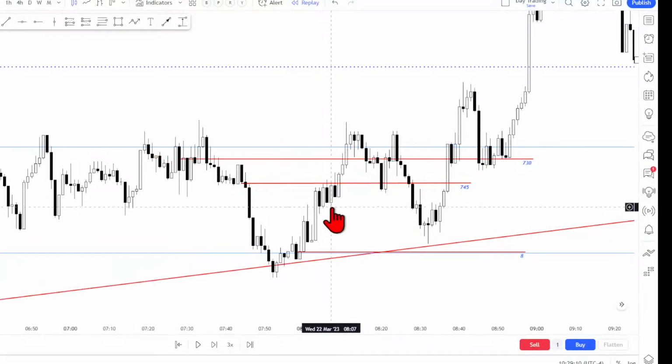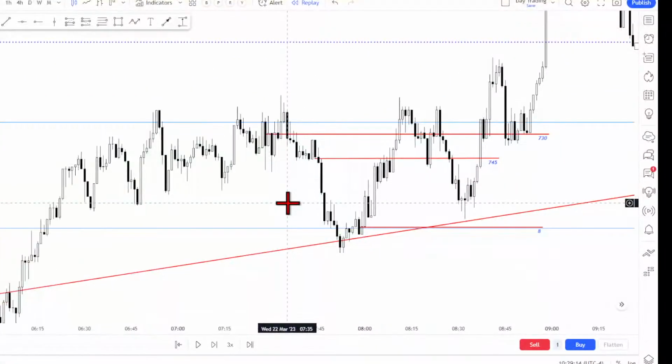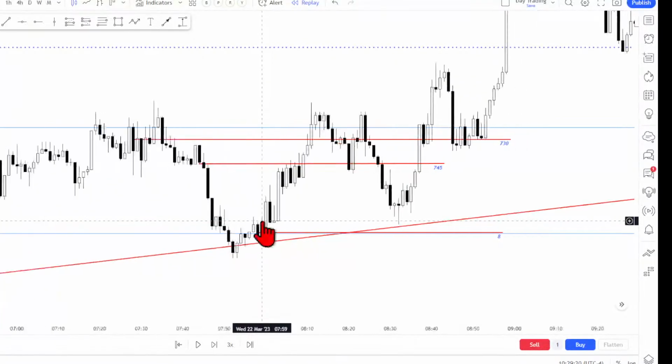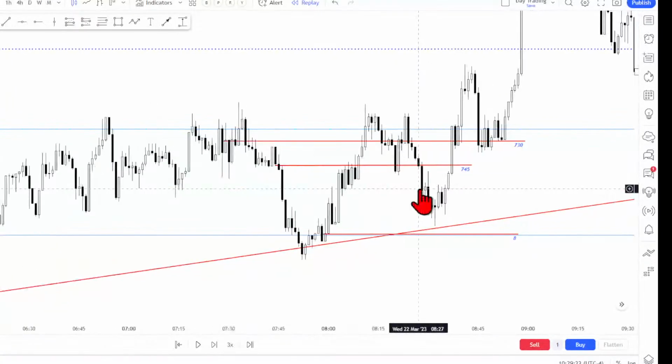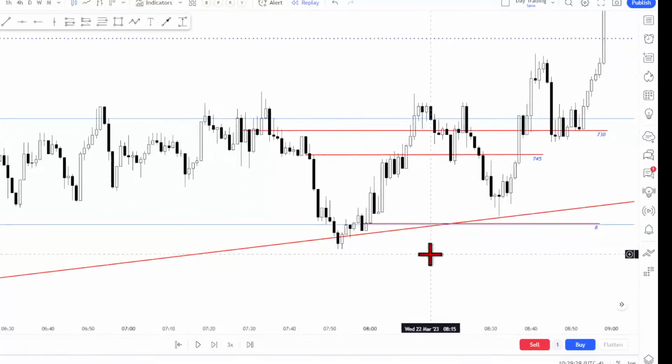So like my entry criteria, right? I need a low formed. I need 3 pushes back into the low. And I need the time to line up. And I need an engulfment. And I need some kind of chart pattern. And if you're looking at this, you can see the head and shoulders. All right, so that's good enough for me.